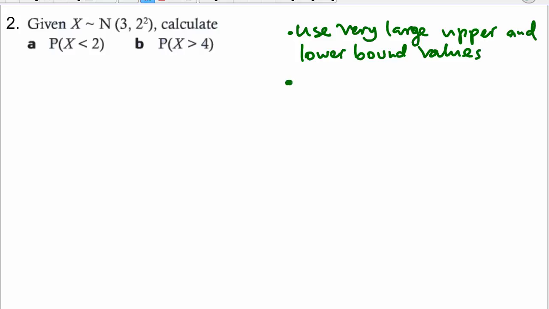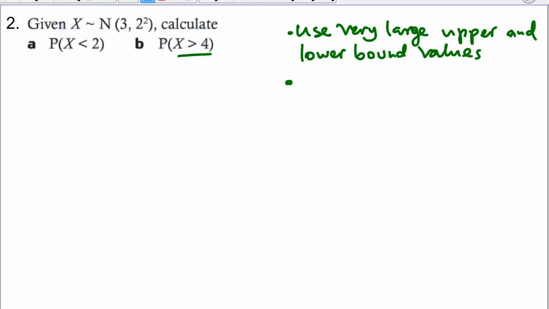Now, for example, if you want to find the probability that x is greater than 4, you have to define the highest limit. The highest limit will basically be the largest value that the calculator can handle.